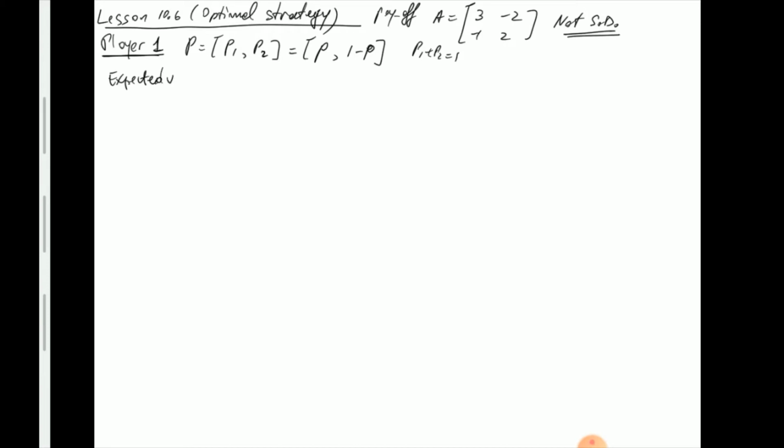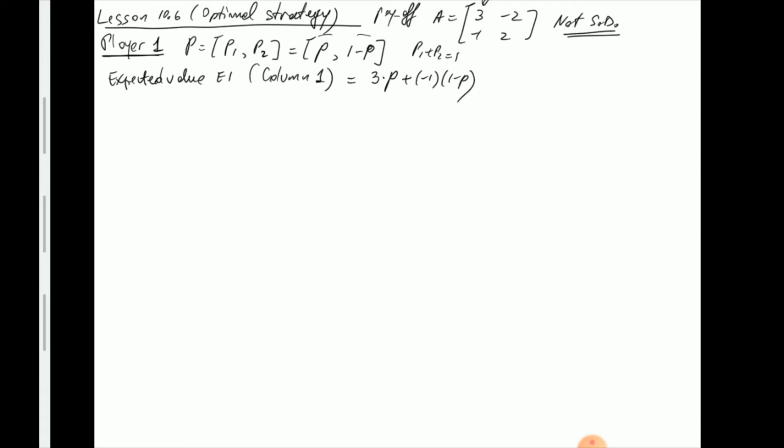Expected value, call it E1, happens if the opponent chooses column 1. Okay, so the opponent chooses column 1. In that case, the payoff will be $3 times P plus -1 times 1 minus P. Right, so you either get $3 with probability P, or you lose $1 with probability 1 minus P, because that's how the player chooses the probabilities for row 1 and row 2.